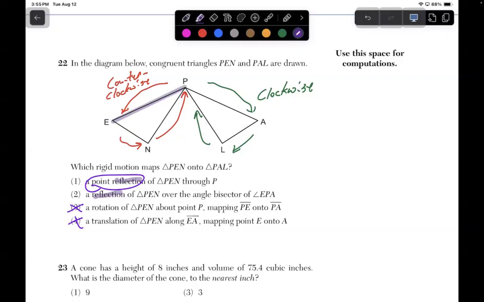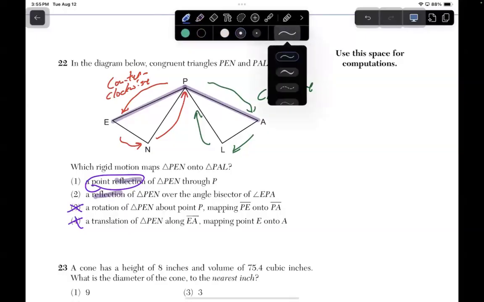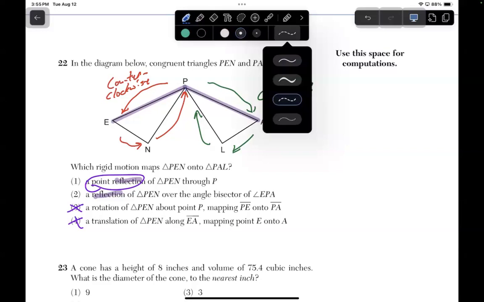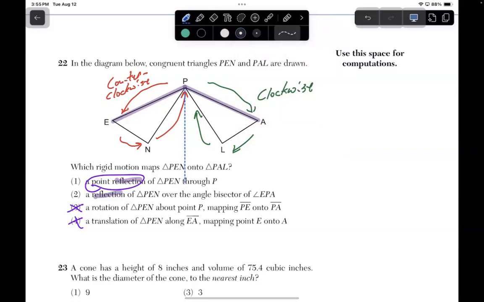So this is EPA. The angle bisector would be this thing. So yeah, if I reflect this over that line, yeah, it's going to be that one. So it's number 2.